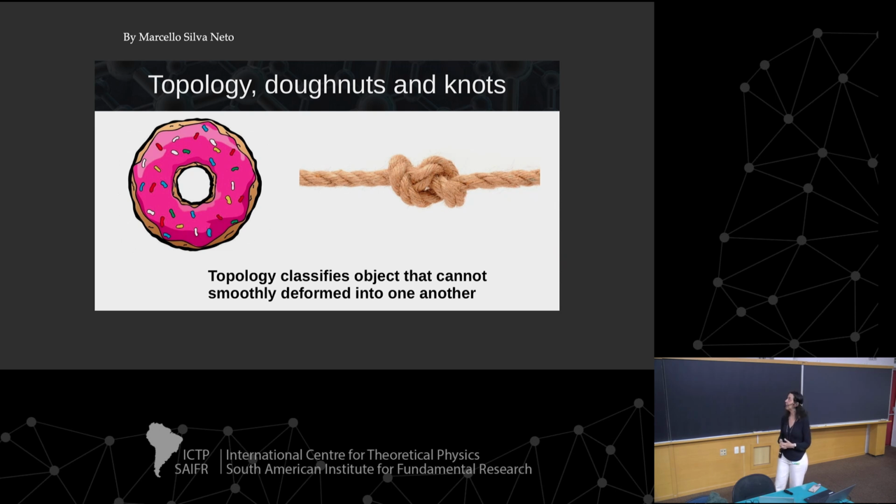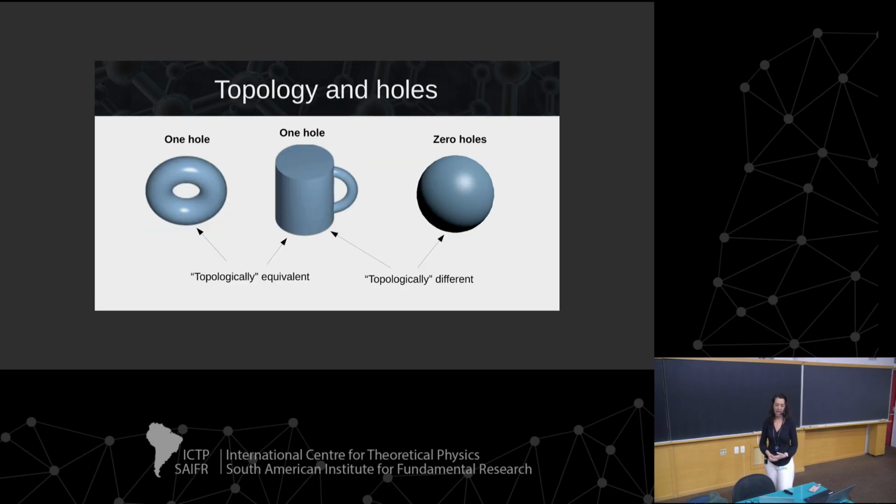And so the idea is, how do we connect things that have very different topology, such as donuts and knots. And it's clear that one cannot be transformed into the other. But when we have a donut and a mug, they both have a hole in the middle, and so you can manipulate one to lead into the other, but that's not going to be the same with the sphere.